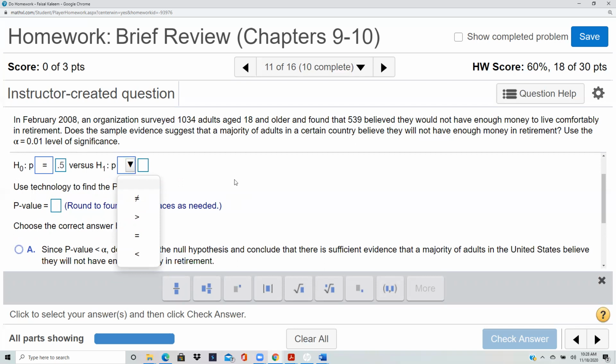Would it be less than, because they will believe they will not have enough money? Now you are investigating whether a majority believes or not. So you have to think of majority. Does majority mean greater than 50% or less than 50%? Greater. So it'd be greater than.